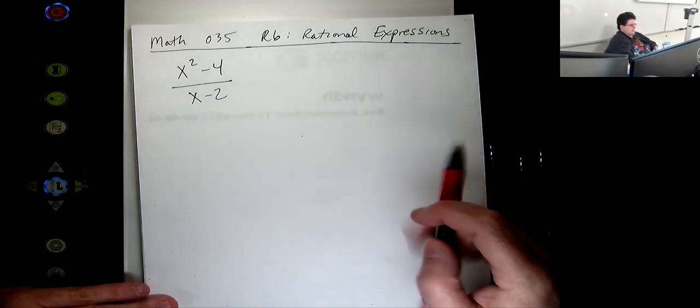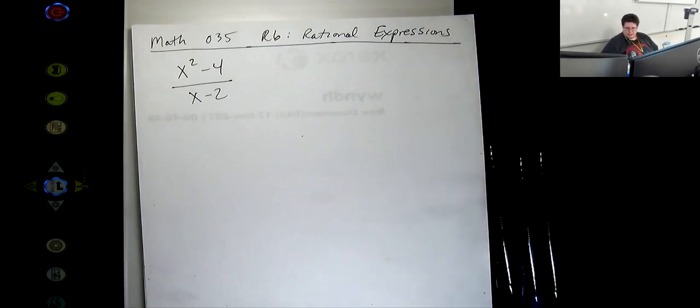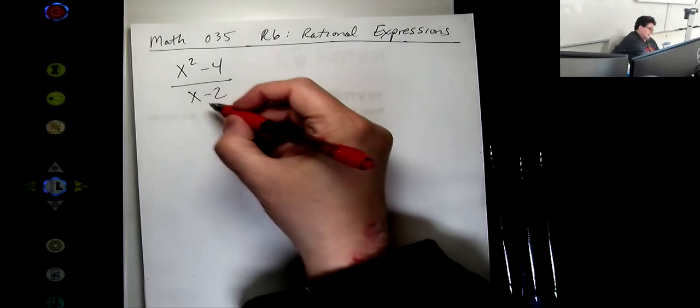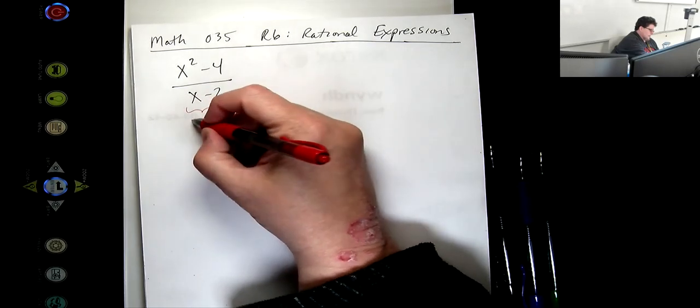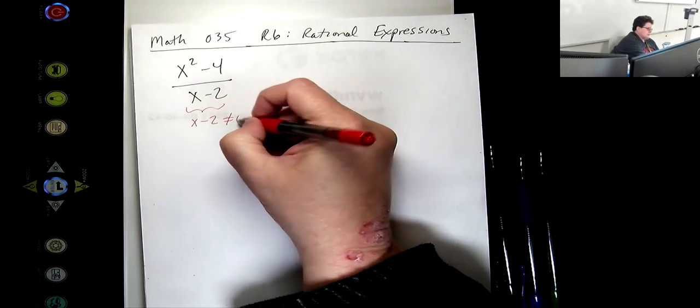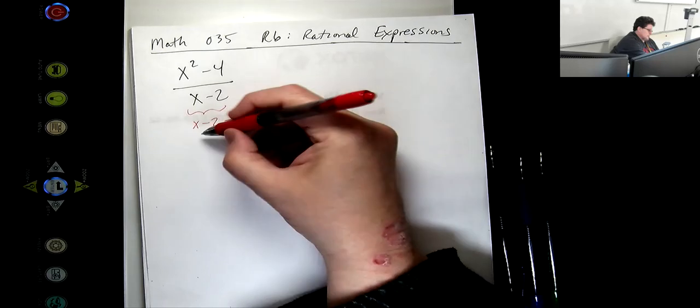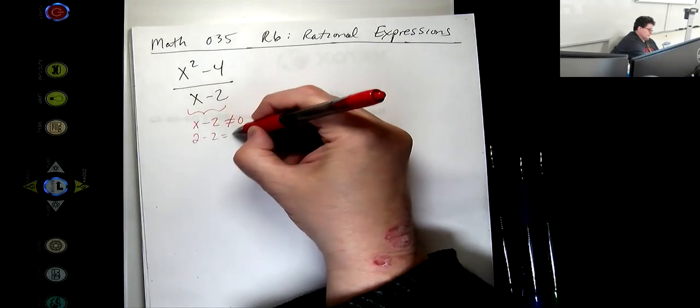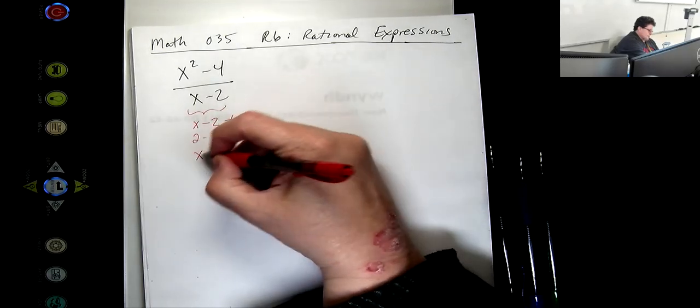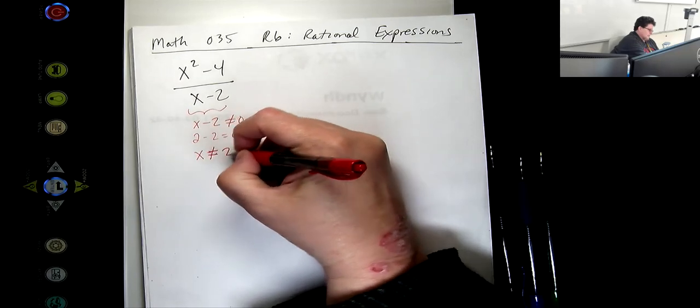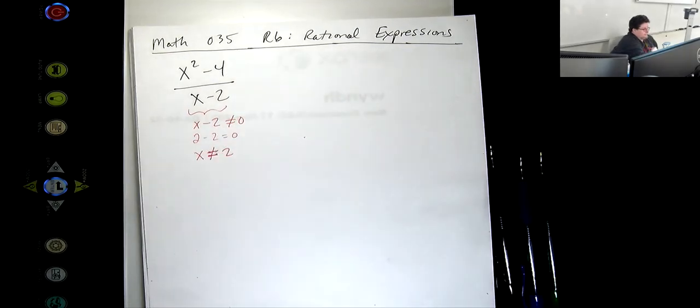I can identify where there's a problem right away because the bottom doesn't factor. So x minus 2 cannot equal 0. If I plug in 2, 2 minus 2 equals 0, which means x equals 2 is bad. Bad juju. We don't want x to equal 2.